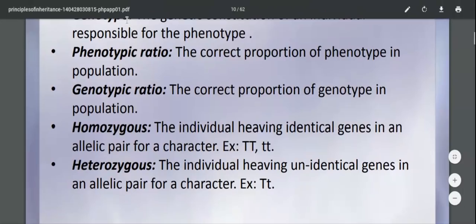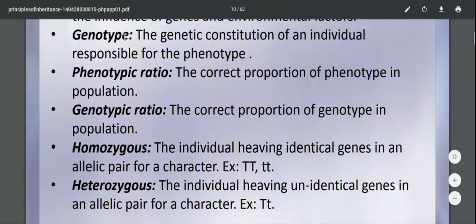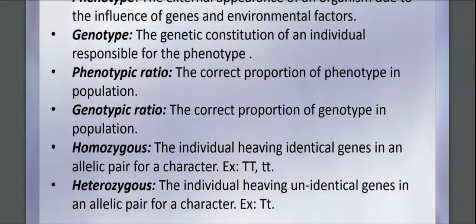So, earlier I was talking about this term genotype, which we cannot see, which expresses the phenotype. So the genotype of a person is the genes present which cause the phenotype. So here in this genotype, for example, capital T, capital T, this genotype is going to express the characteristic of a tall plant.